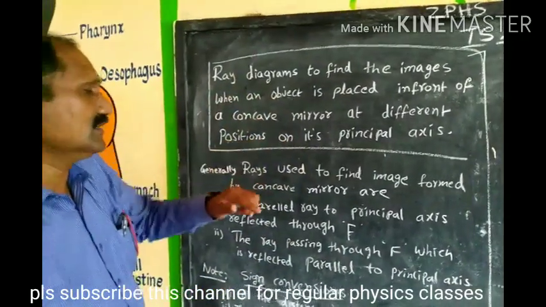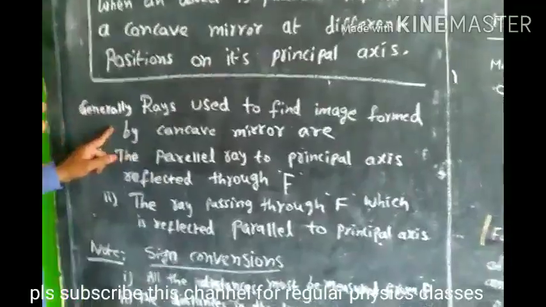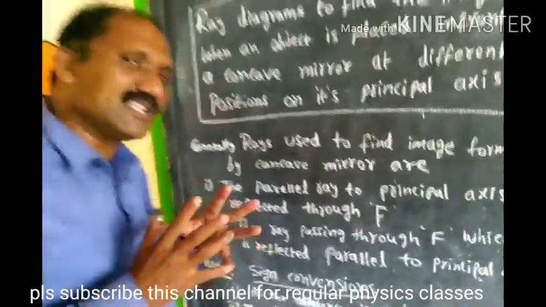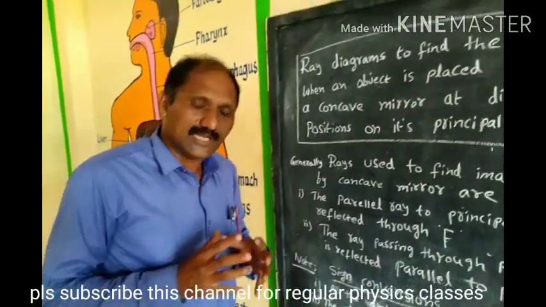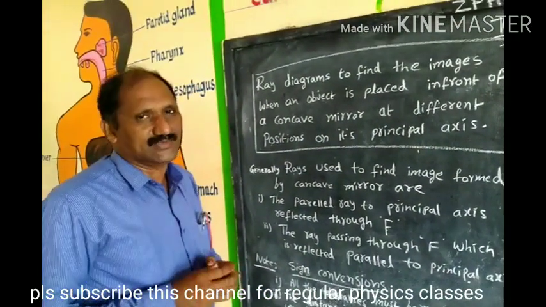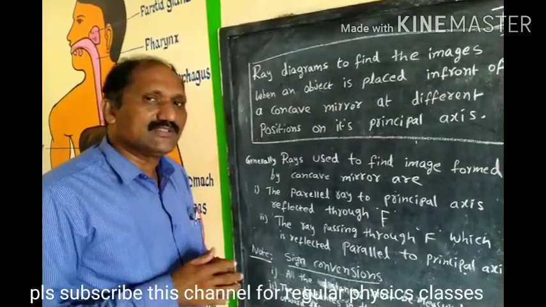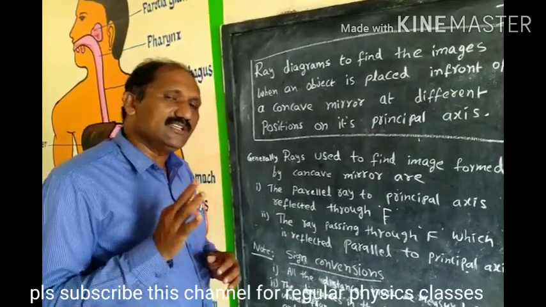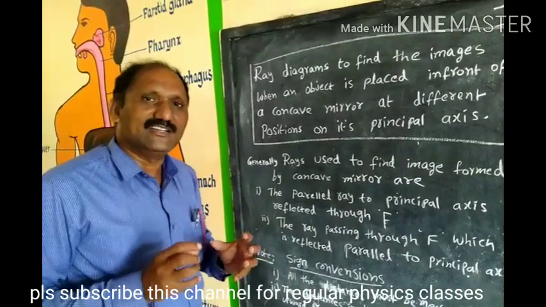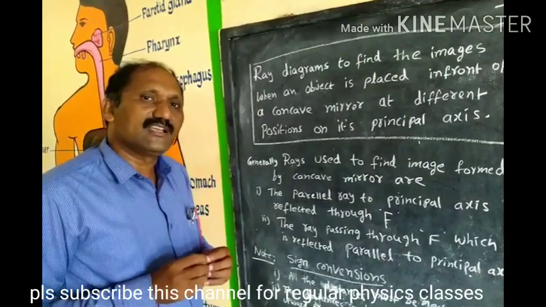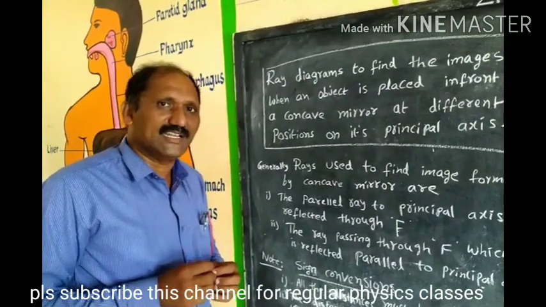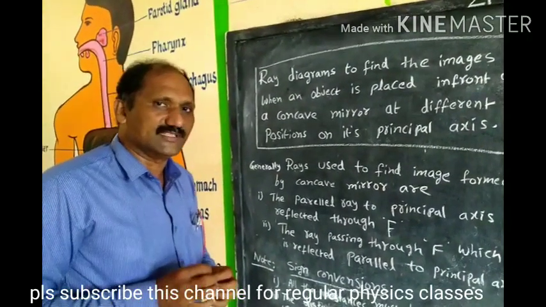Before that, we have to know some more things. What are the rays that are useful to draw the ray diagrams? In the previous class, we learned that 3 rays are very important, and they give the proper understanding about reflection.